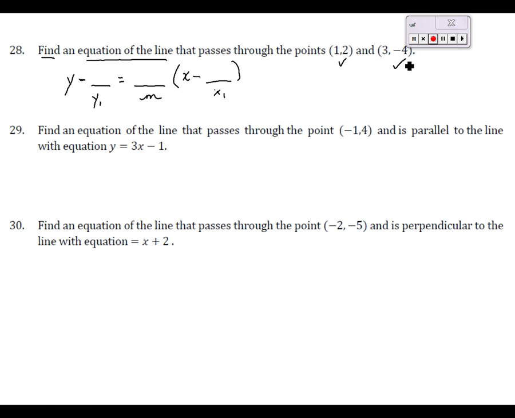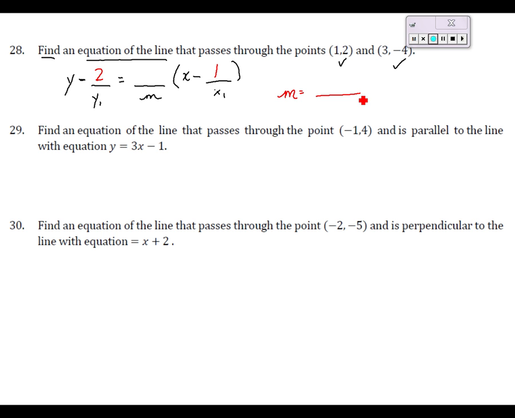It does not matter. So I choose, just because it was given to me first, the point 1, 2, and I'm going to put the x with the x and the y with the y. And now to get the slope, I have to use something that Mr. Chase did in the previous slide. I have 2 points, and I need to calculate the slope. So the slope is a ratio of the vertical change.